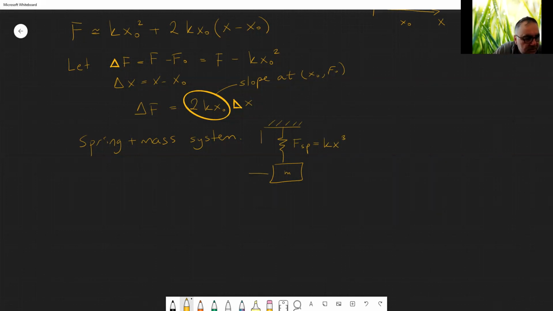And this distance here is x. Okay. Now, there is the gravity here. If you sum up the forces on this mass, you have mg downward, kx cubed upward, right?